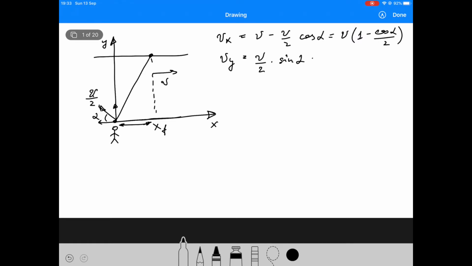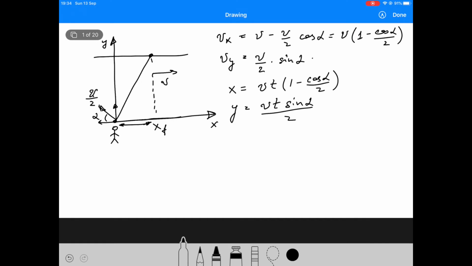So let's write expressions for the positions. The x position will be V multiplied by t times 1 minus cosine alpha divided by 2, and the y position will be V multiplied by t sine alpha divided by 2.